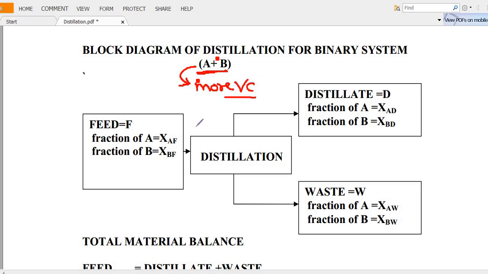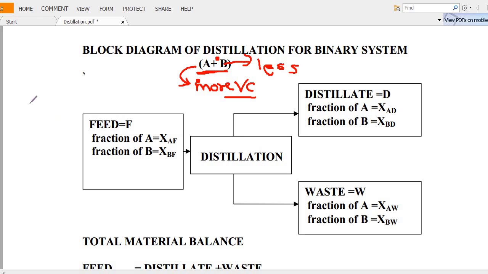Now more volatile means what? More volatile means that it easily gets vaporized. While component B is the less volatile component, that means its boiling point is more, while the more volatile component's boiling point is less.